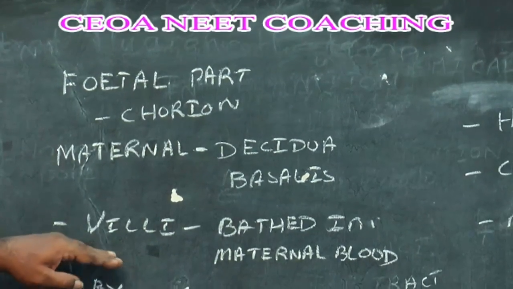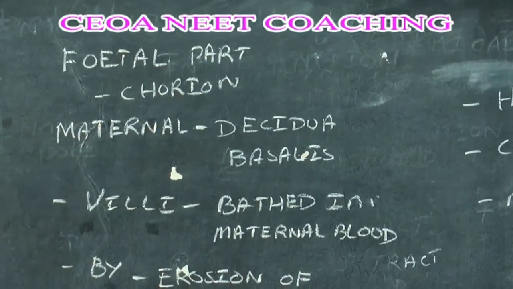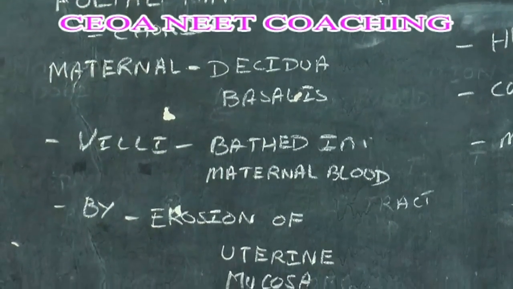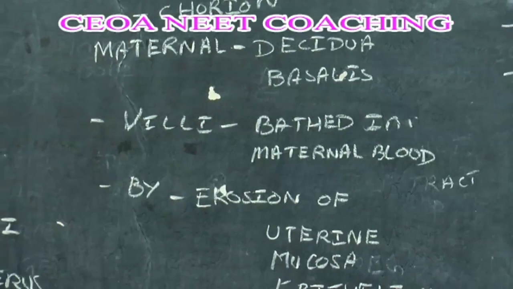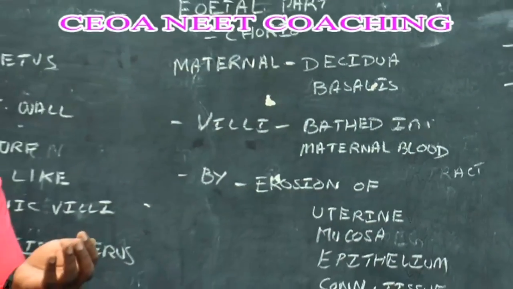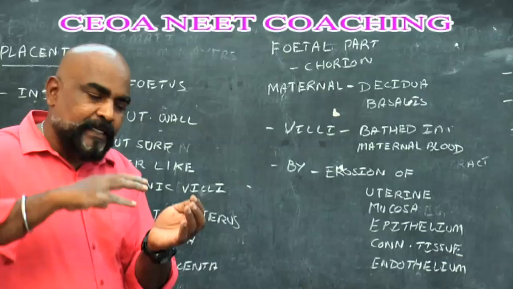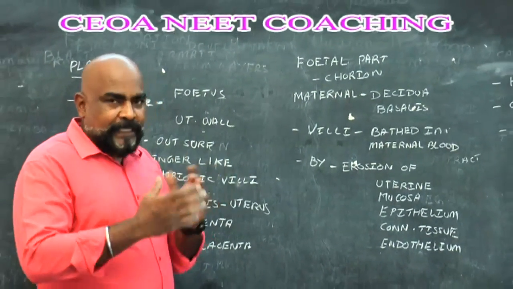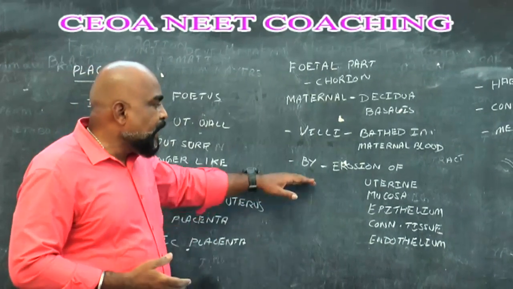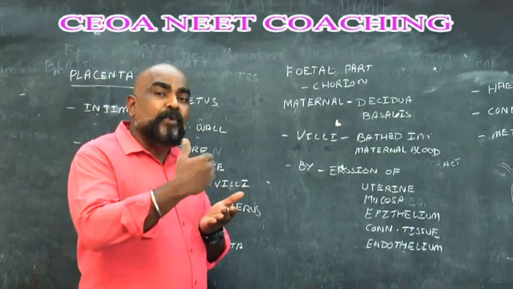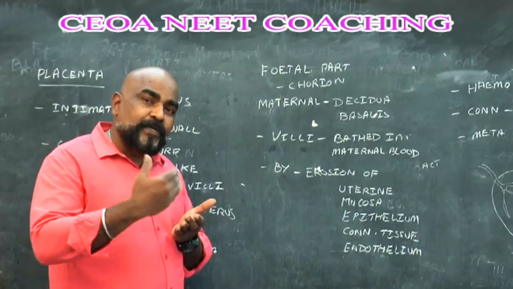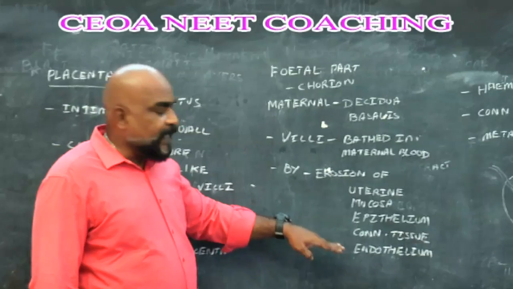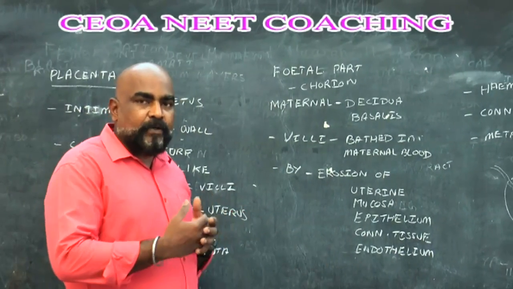The villi which have penetrated into the uterus are bathed in the blood of the mother. How is this happening? It is happening by the erosion of the uterine mucosa. The mucosa of the uterus is eroded, as well as the epithelium, connective tissues, and endothelium.